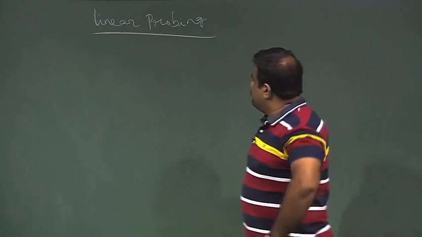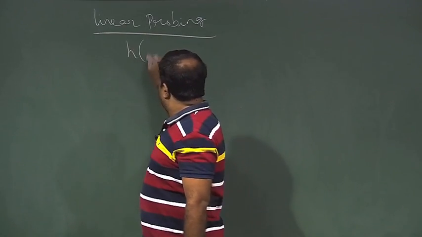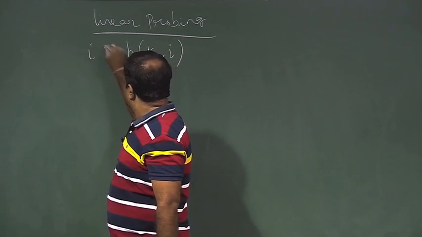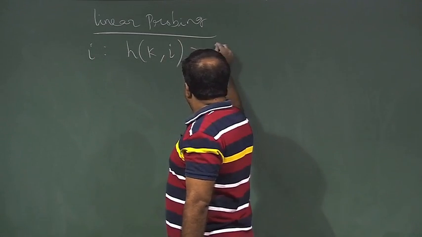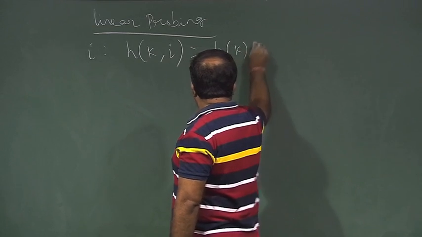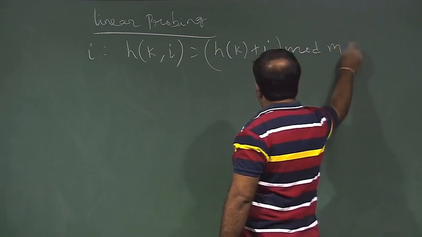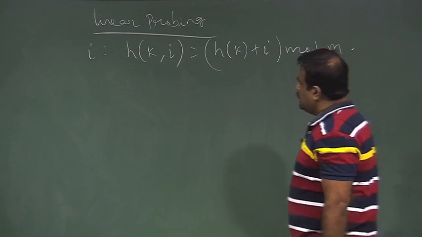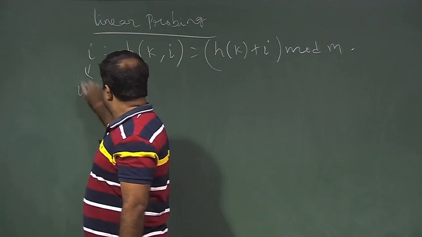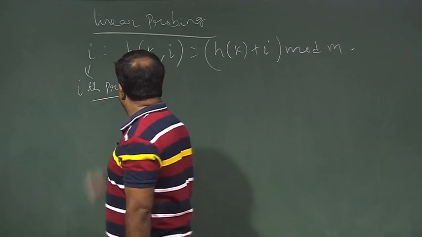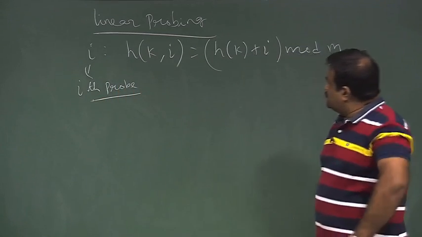So, in linear probing, h of k comma i, so this is the ith probe, is basically h of k plus i mod m. Okay. So, this is very simple.